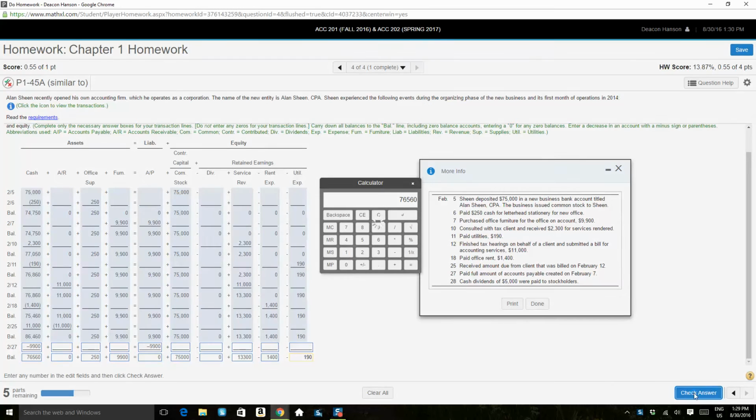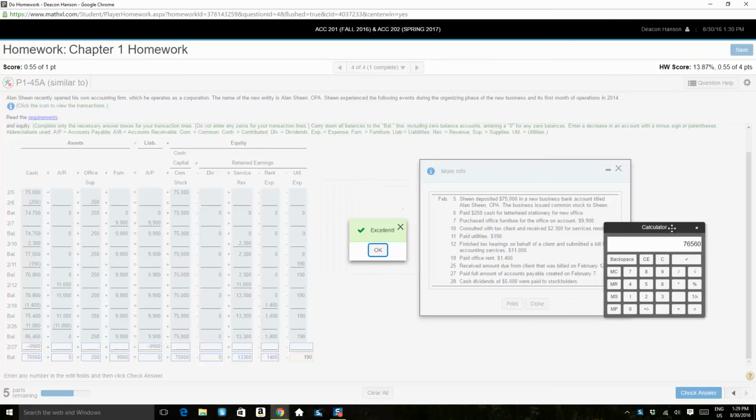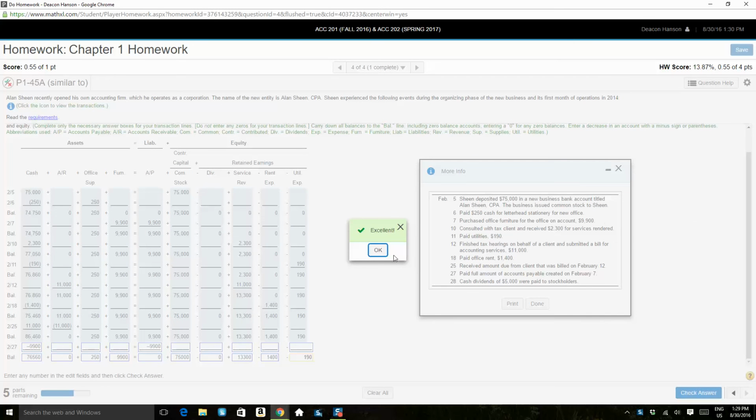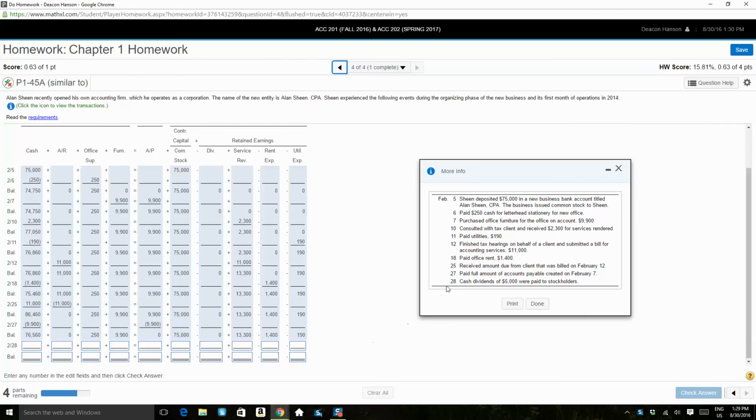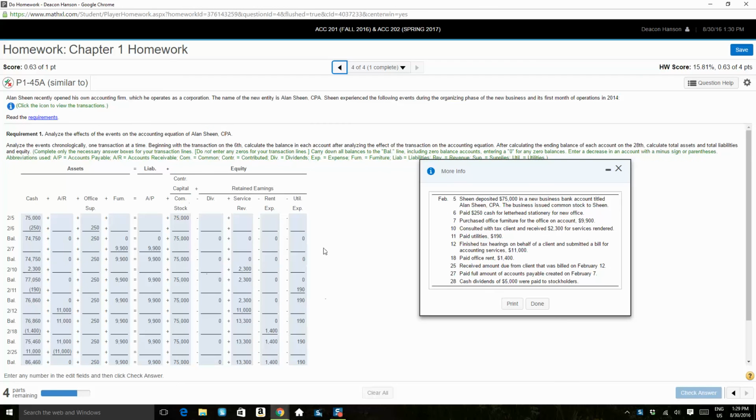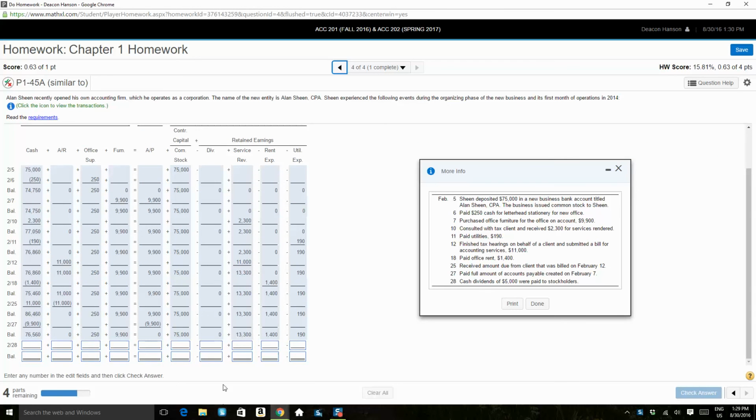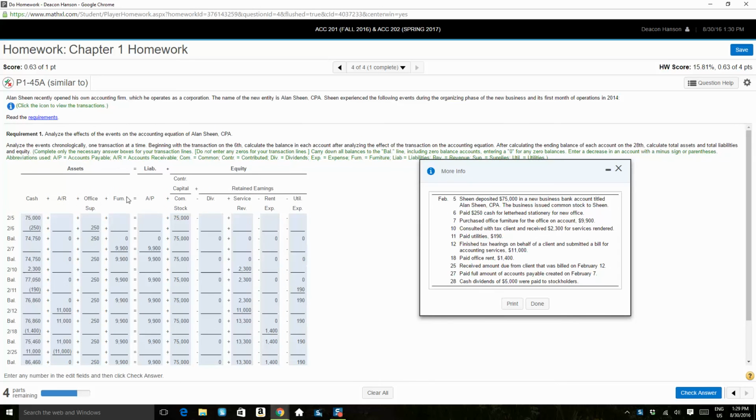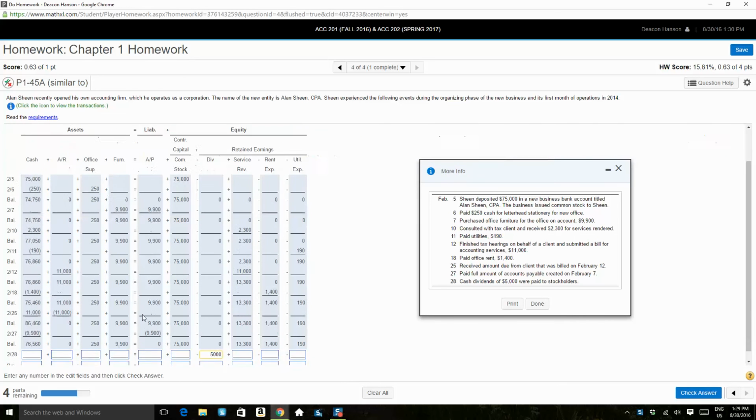Okay, hit OK. And then the very last transaction, we paid cash dividends of 5,000. When the dividend account increases, it actually has a negative effect on the equity category. So the dividends are increasing by 5,000, but they have a decreasing effect on the overall right side of the equation. At the same time, my cash is going down by 5,000.